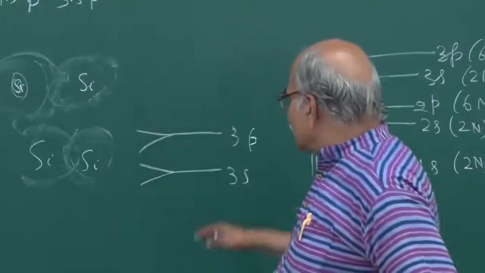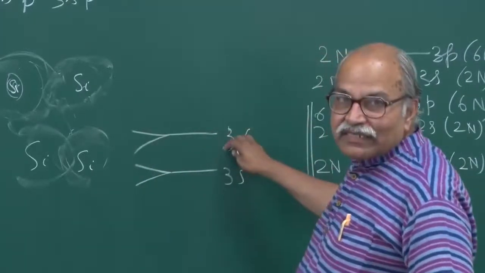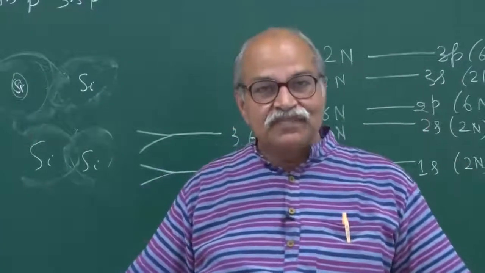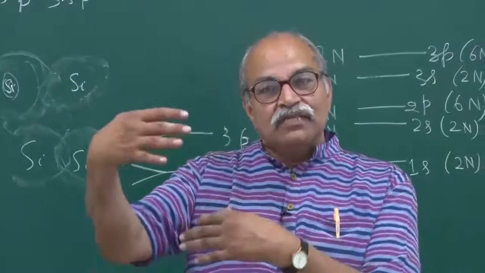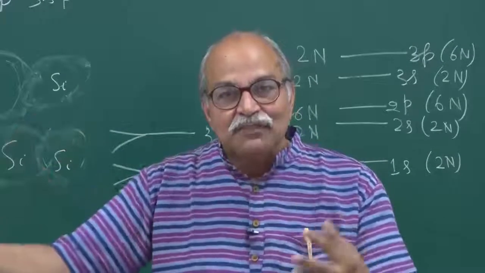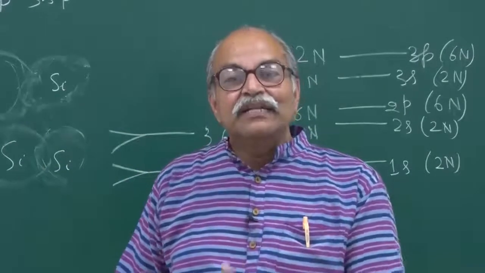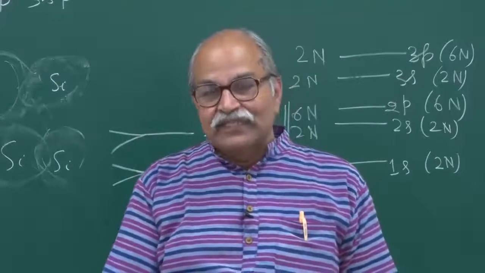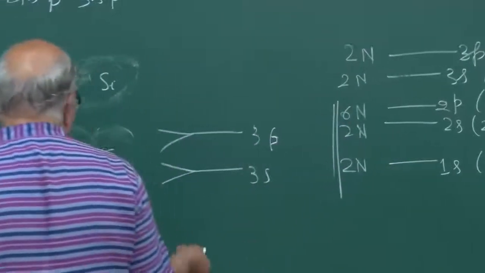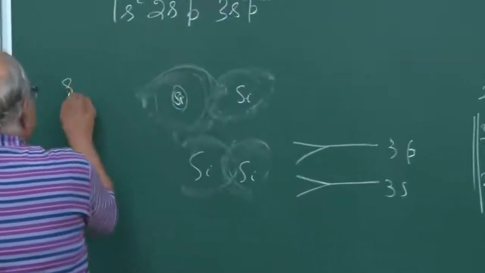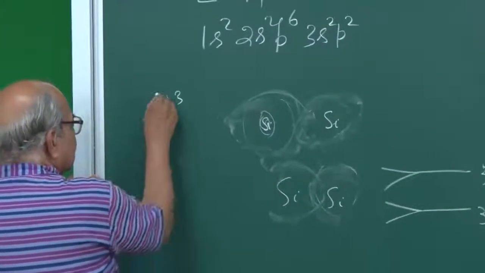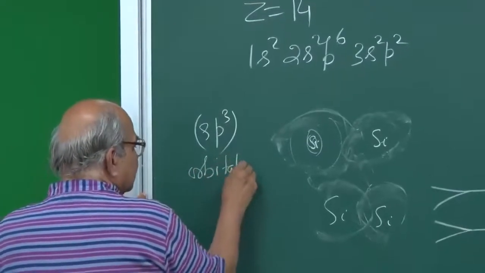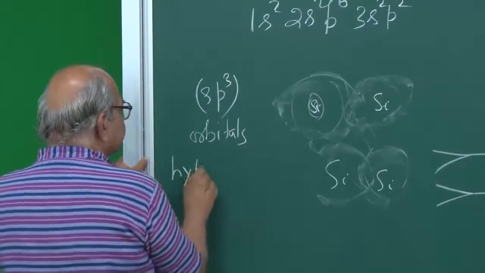A total of 8N quantum states are there, and you again get 8N independent quantum states, but the wave functions of these sp3 states will be very different from S states and P states. So this is known as sp3 orbitals or sp3 hybridization.